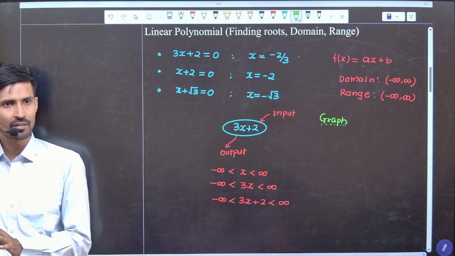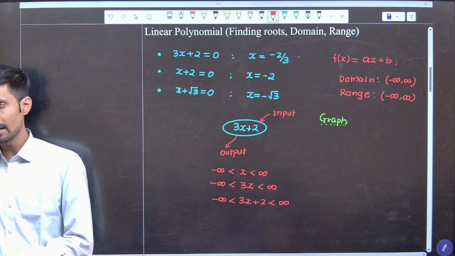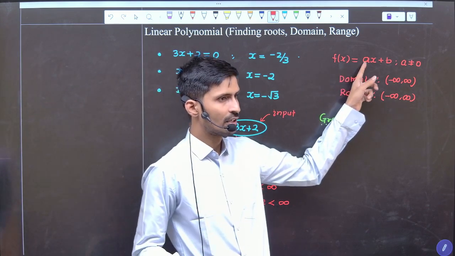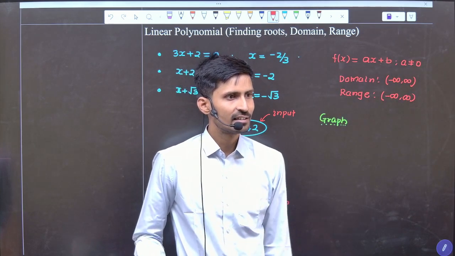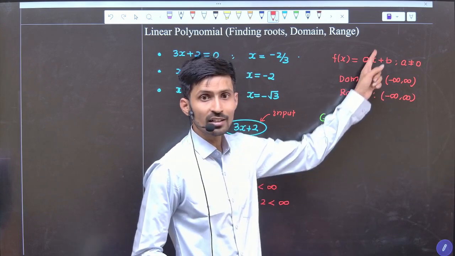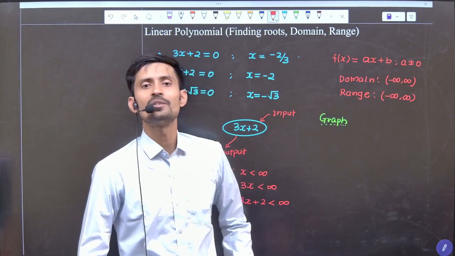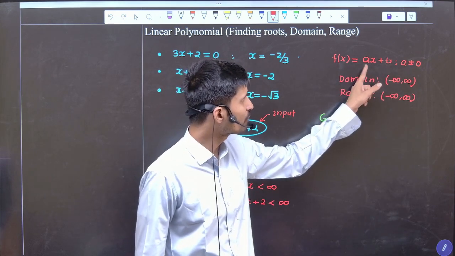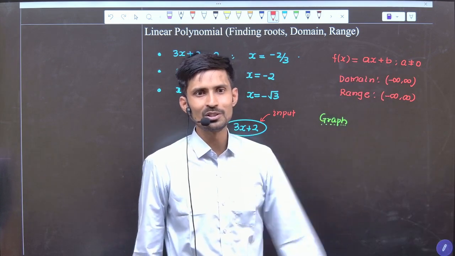Achha, one thing I forgot to mention: in ax plus b, a cannot be 0. If a is 0, what will happen? 0 into x will vanish. x vanishes means degree 1 is not present now. How will it be linear then? So in ax plus b, in place of a you cannot put 0, but in place of b you can put 0.